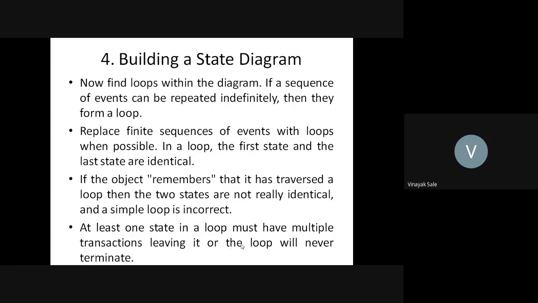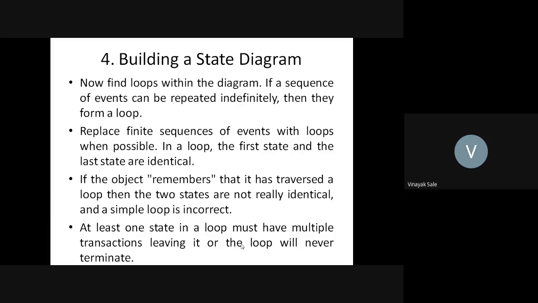Now find loops within the diagram. If the sequence of events can be repeated indefinitely, then they form a loop. Replace the finite sequence of events with loops when possible. In a loop, the first state and the last state are identical.